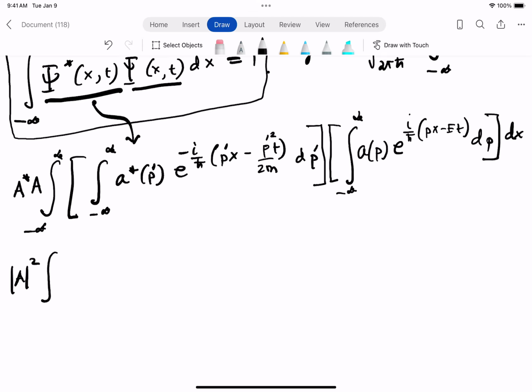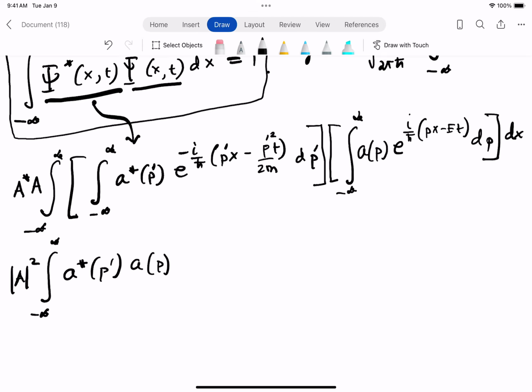Now let's write the first integral, from minus infinity to plus infinity. Since these variables are all independent, you can rearrange the order of the integrations. So I'm going to keep the p prime integral first outside. I have a star of p prime, and I'm going to bring the a of p quantity over here as well.